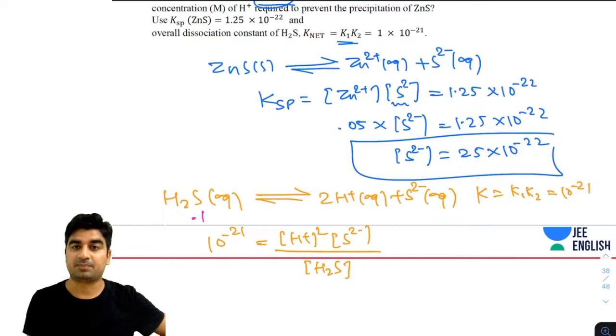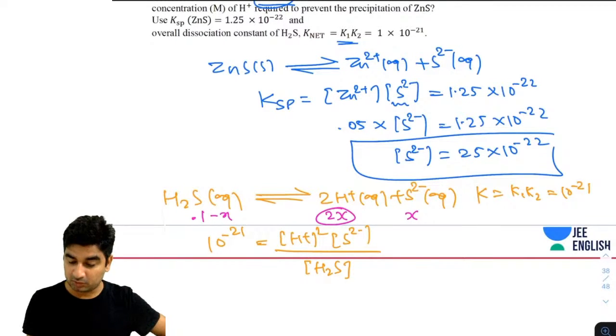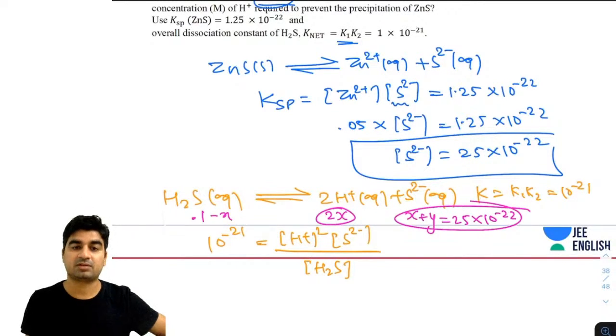And after some time, what is the minimum concentration of H plus required to prevent the precipitation of ZnS? So 0.1 minus X, 2X, X. So you need to calculate the value of 2X. But you know that concentration of X plus Y and it should be. So now you know it.